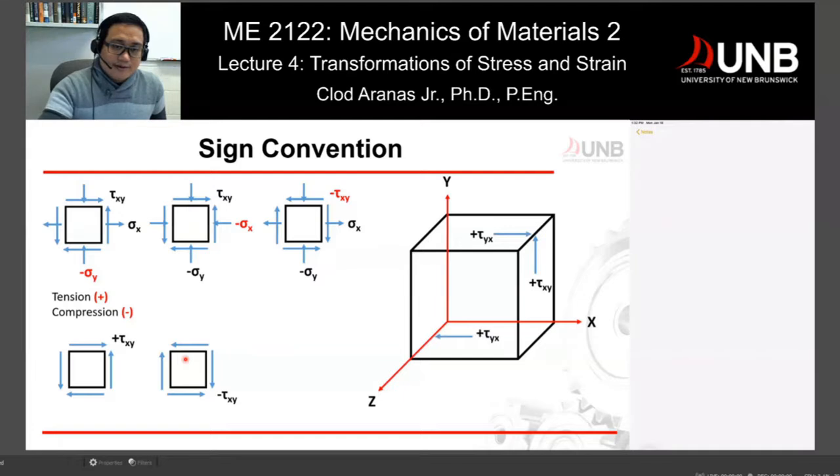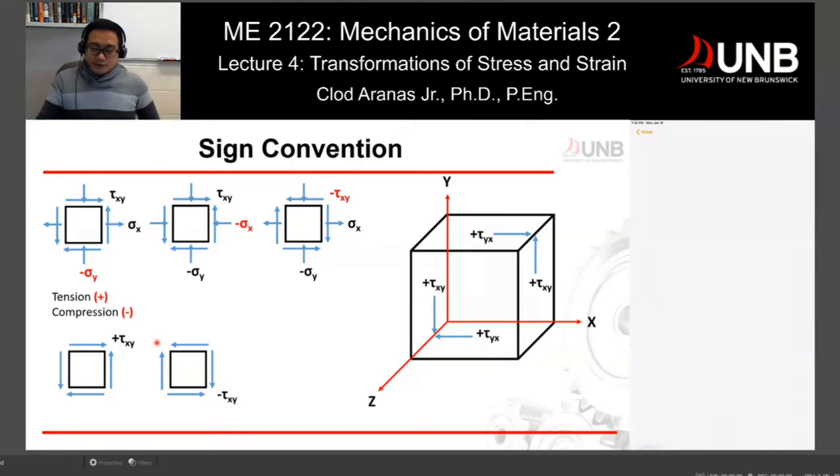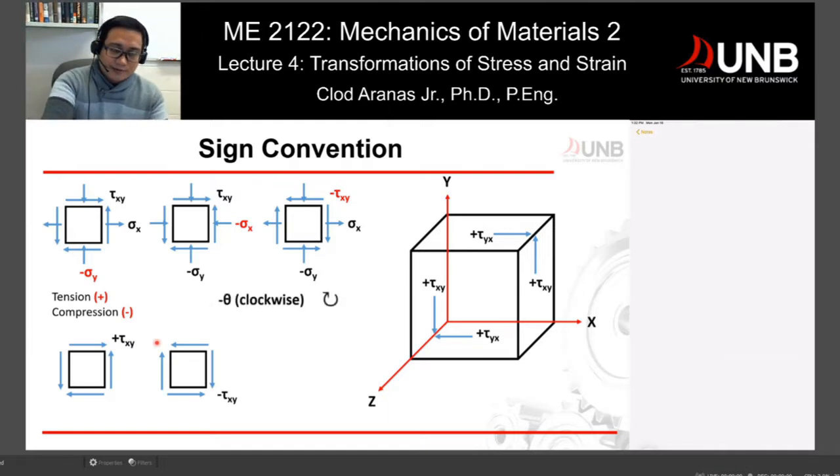Same thing here, we have tau xy, tau yx, which are paired in order for the system to be in equilibrium. For angles, whenever we have a clockwise rotation, that's a negative number. Counterclockwise would be our positive rotation for all the cases.